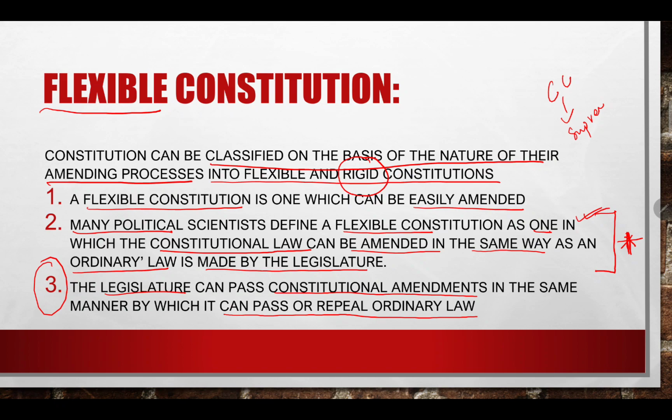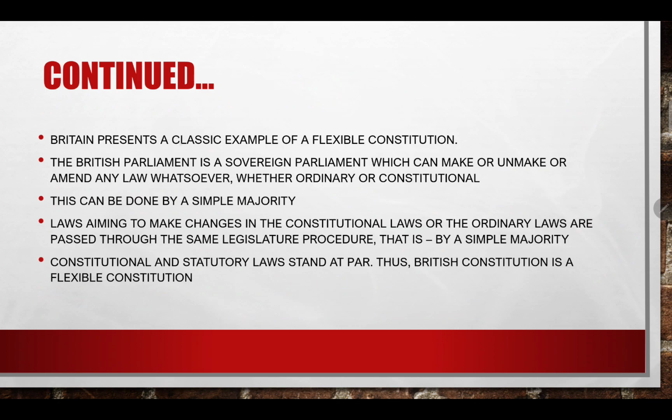But in a flexible constitution this is very simple. The amendment process is very simple and it can be passed as a simple ordinary law. Britain presents a classic example of a flexible constitution.